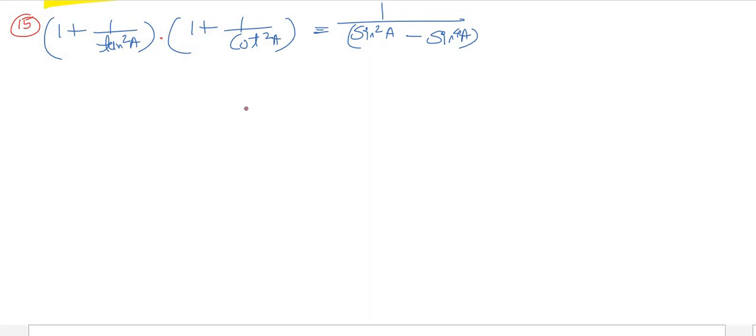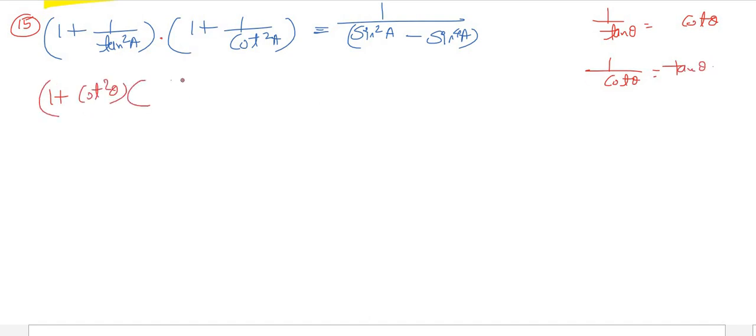So let's try to simplify it here. So what can I write? 1 by tan square. 1 by tan, everybody knows. 1 by tan theta is cot theta. And 1 by cot theta is tan theta. So 1 by tan square, I am writing cot square theta. What is 1 by cot square?